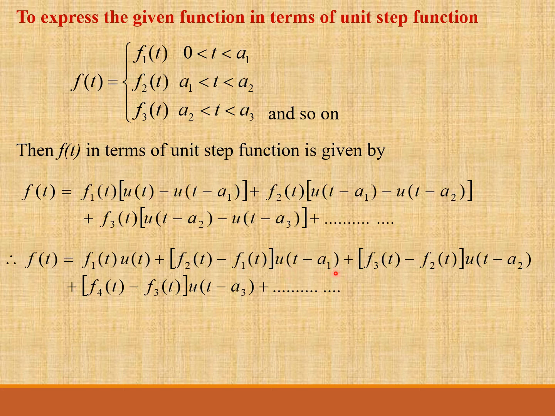So u of t minus a1 is common, and f2(t) minus f1(t), plus u of t minus a2 common, in bracket we have f3(t) minus f2(t), and similarly plus u of t minus a3 common, f4(t) minus f3(t), and if we have further more intervals, we need to carry on like this.